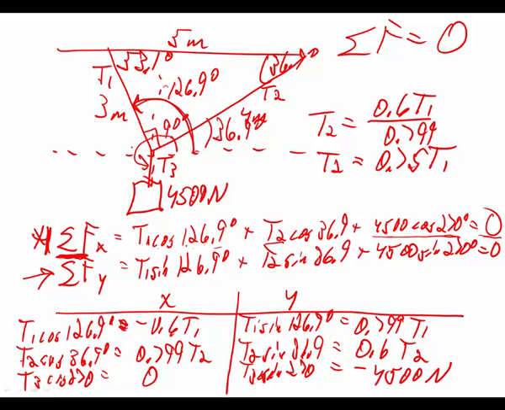There's no force in the X direction. See right here? This one is 0. That one is 0. And so your forces are distributed here and also here. And so the only option we have left is to substitute here.